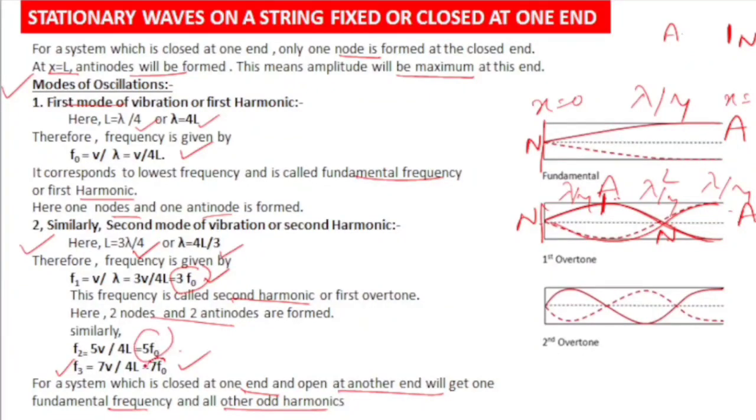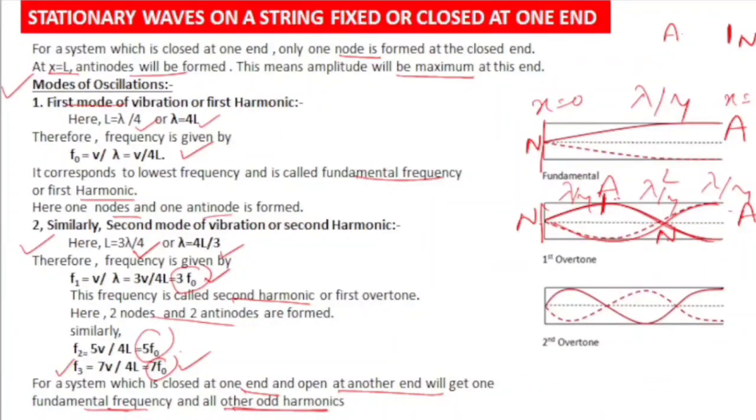It is an odd integral multiple of the fundamental frequency. So one fundamental frequency is there and all other frequencies are odd harmonics of that fundamental frequency. This is about a stationary wave on a string which is fixed at one end and open at the other.